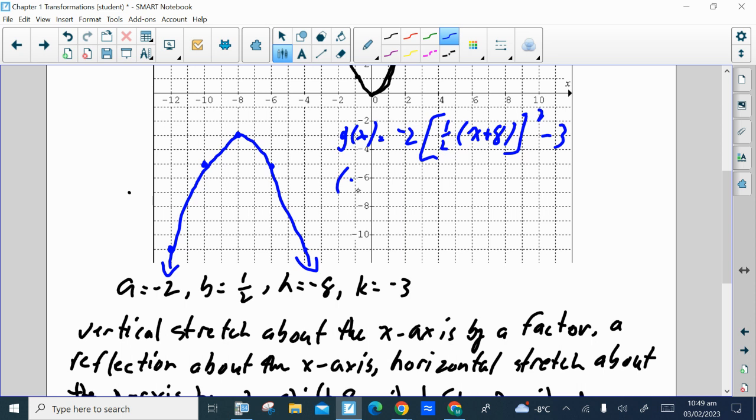And our mapping notation, again, those two inside parameters are the ones that affect our x's. They were horizontally stretched by a factor of 2, so the x was multiplied by 2 and then decreased by 8. Y was multiplied by negative 2 and then decreased by 3. So there's our mapping notation.